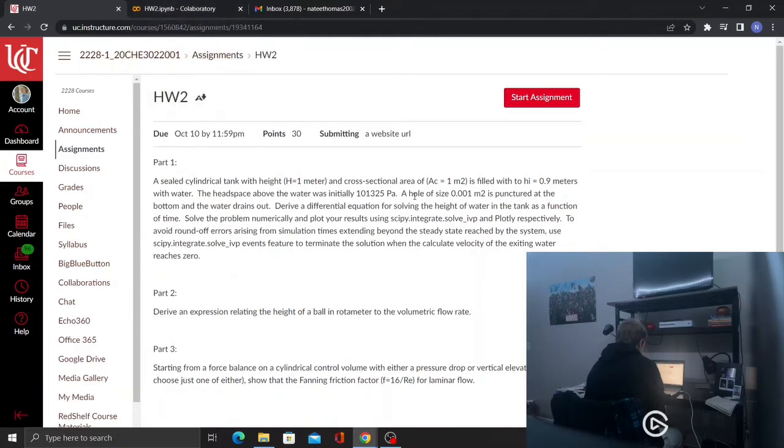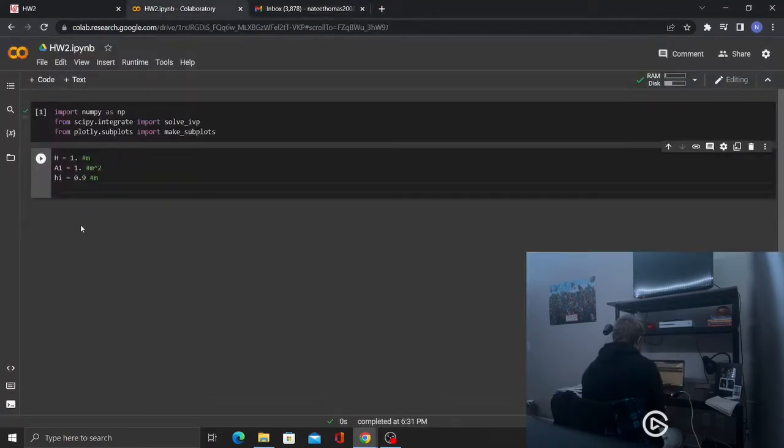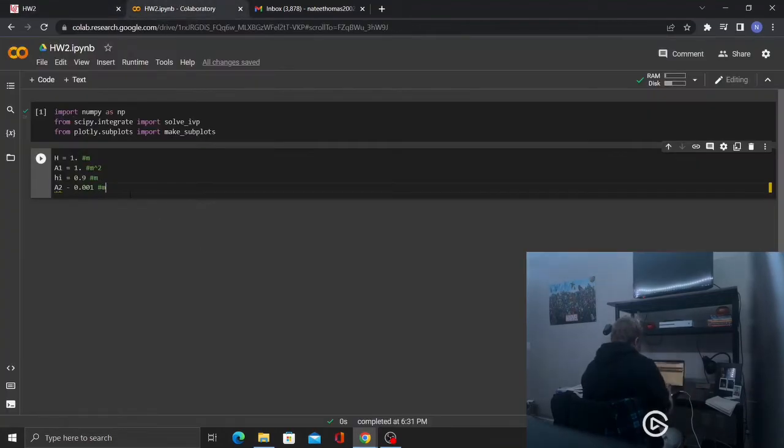And then the area of the hole will be 0.001. And again, for us, that's just going to be A2. I'm going to label that as A2 will equal 0.001, and that should be meters squared.